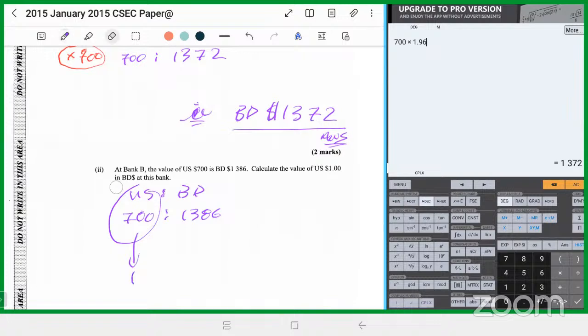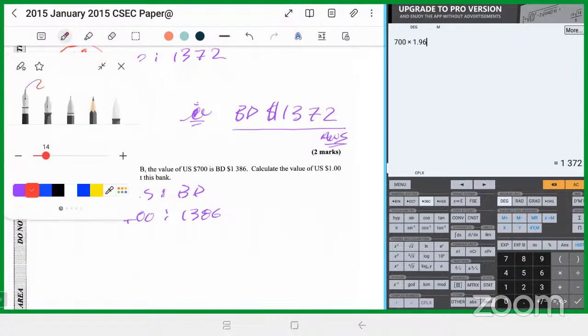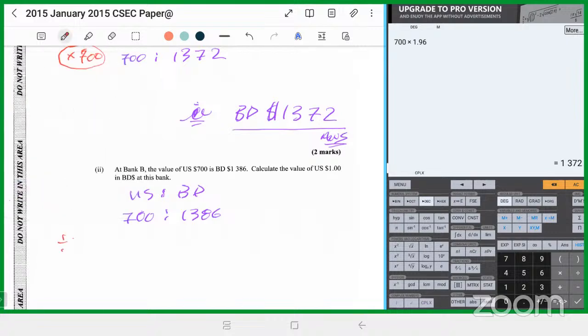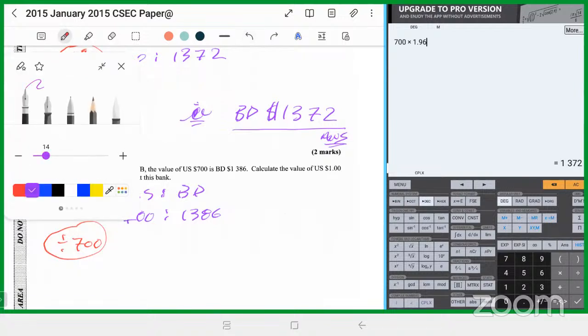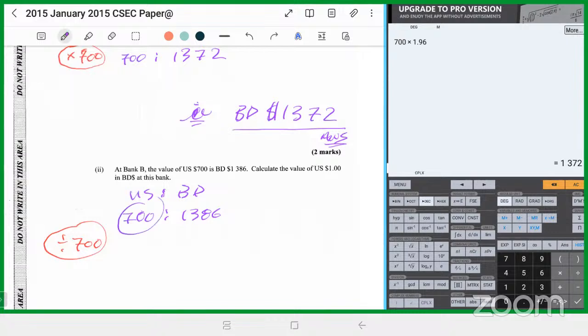If it is at 700 and I want it to become 1, what do I do? I divide the ratio by 700, because I want the US side to come down to 1 so that I can see what this side is. When I divide this by 700, it becomes 1.